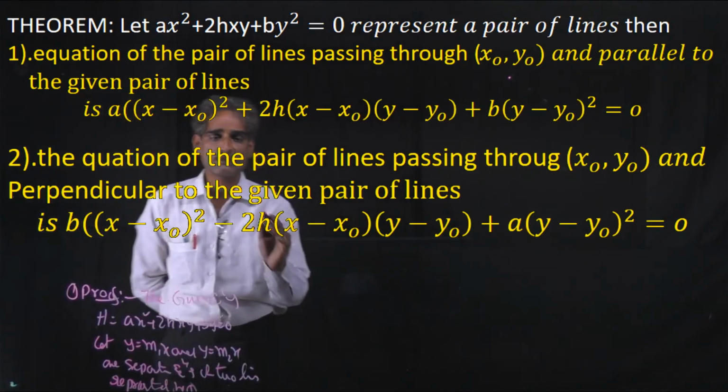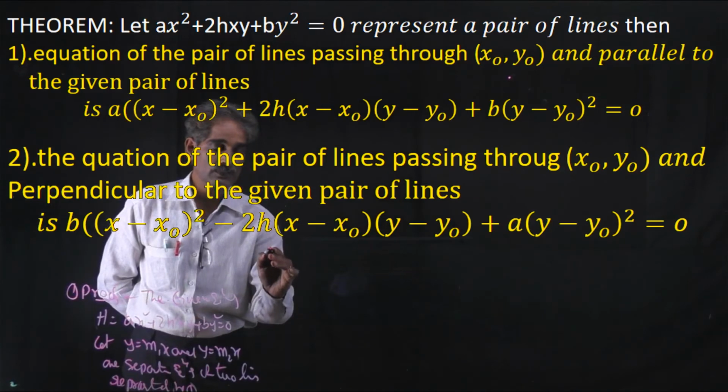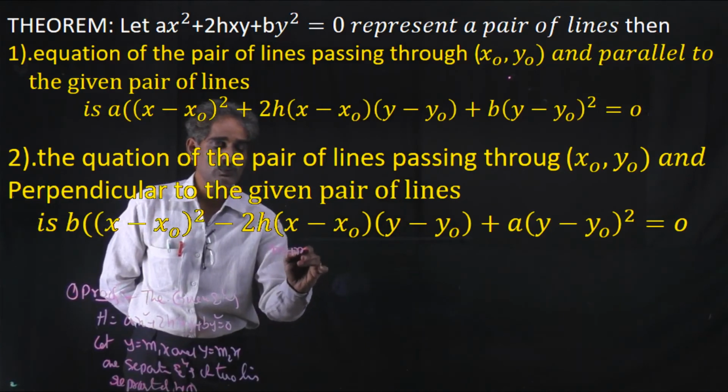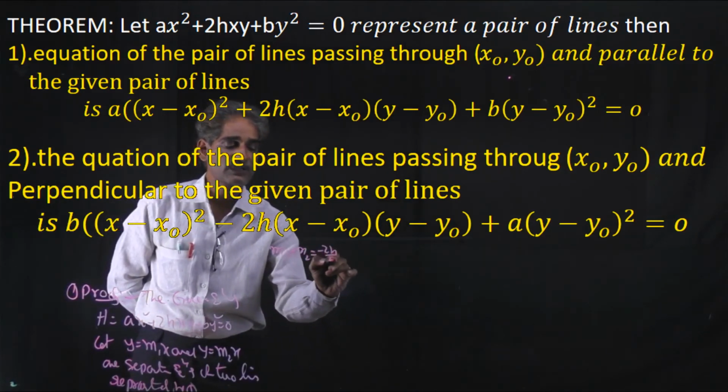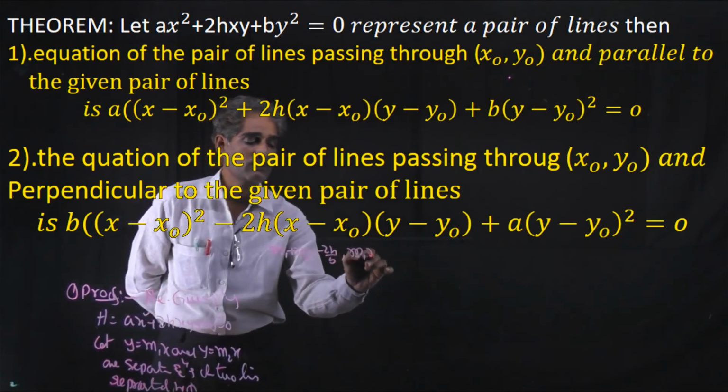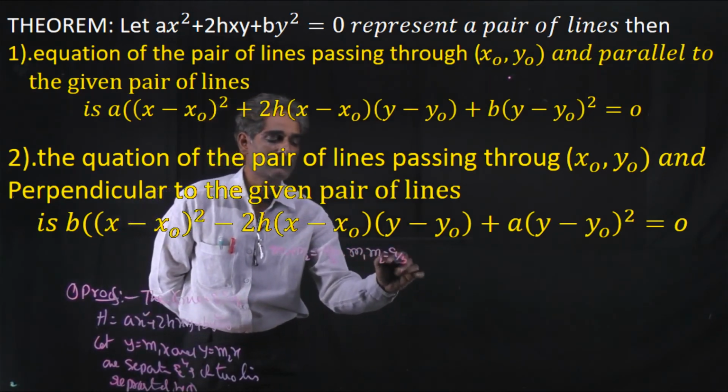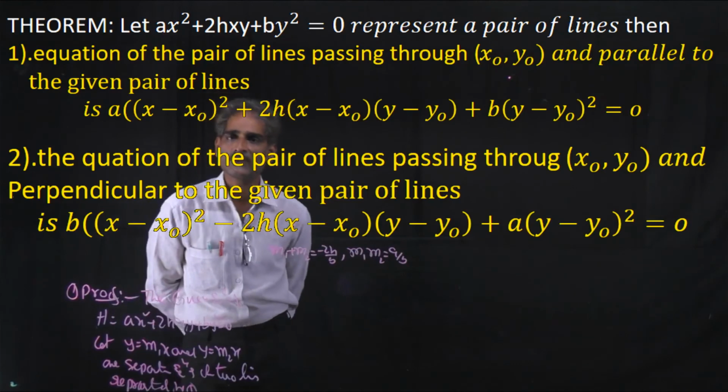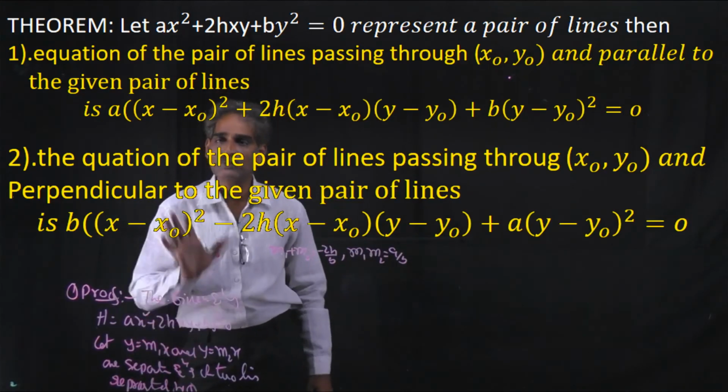Then we know that m1 + m2 = -2h/b and m1m2 = a/b. So these are the separate equations of these lines.